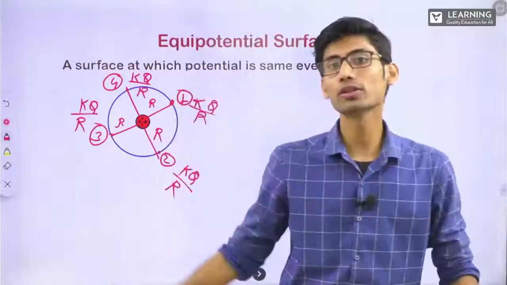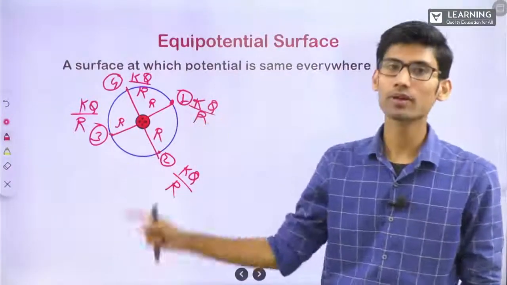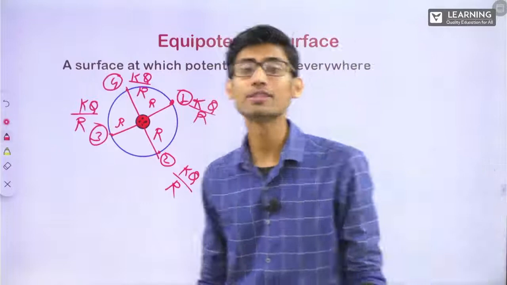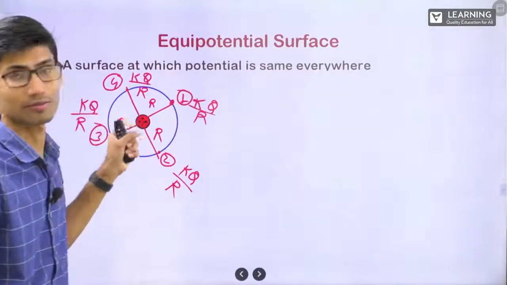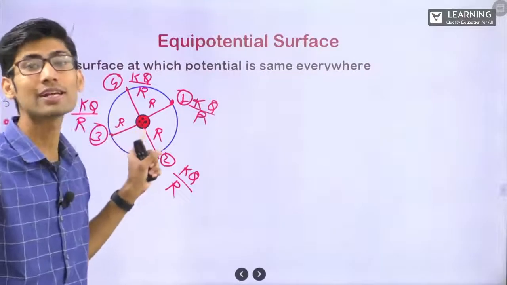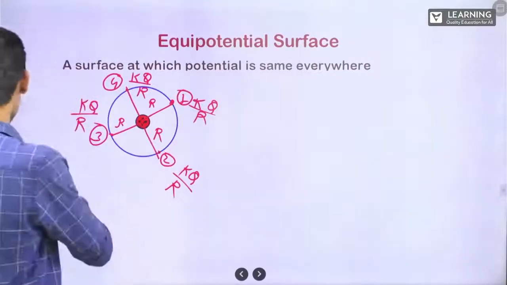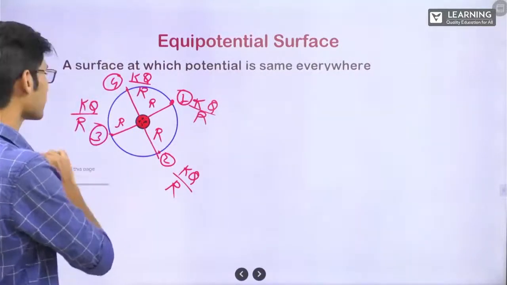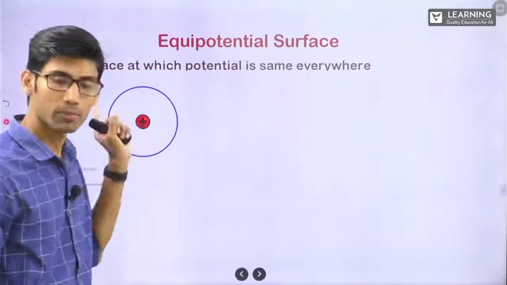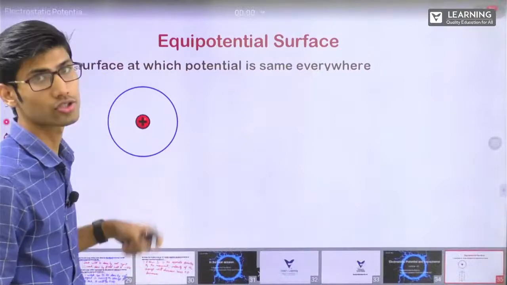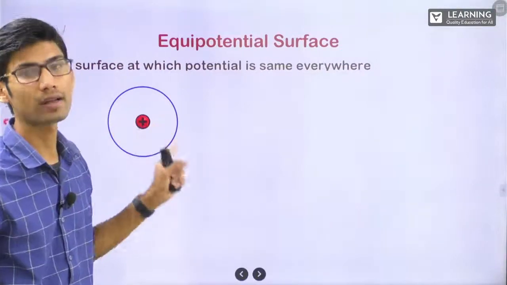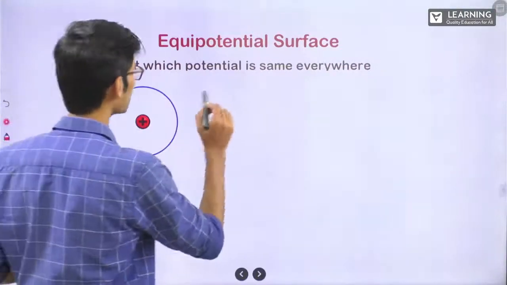At every point on the surface, since the potential is the same, we call it an equipotential surface. So for a point charge, the equipotential surface is a sphere enclosing that charge. Clear? For a point charge, the equipotential surface is the sphere enclosing the charge, where this point charge is at the center of the sphere. This is a sphere.